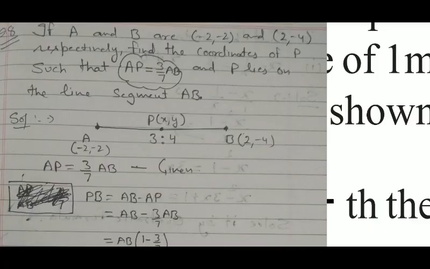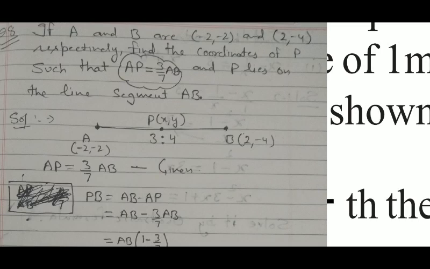Why is this question important? In previous questions the ratio was given, but in this question the ratio is not given. So in the first step, we will find the ratio AP to PB, which is not given. Only this is given: AP is equal to 3/7 into AB.